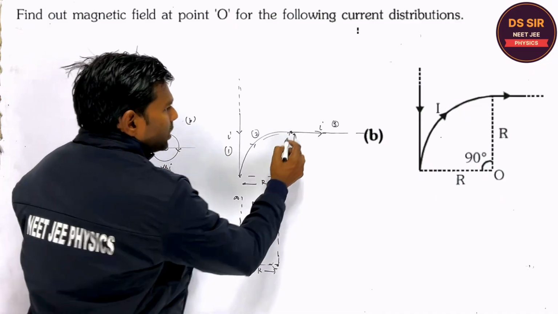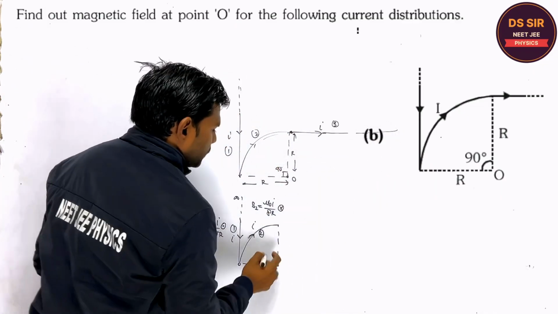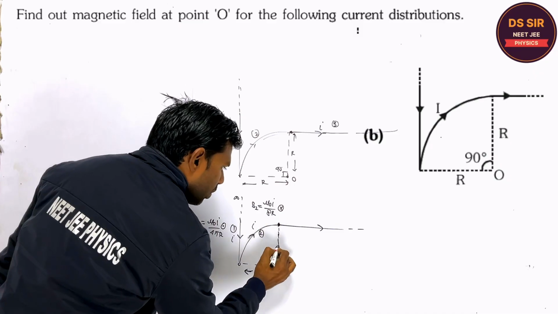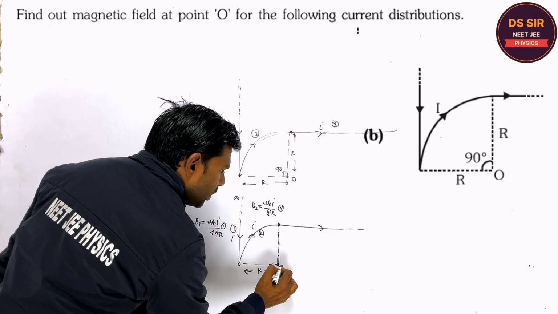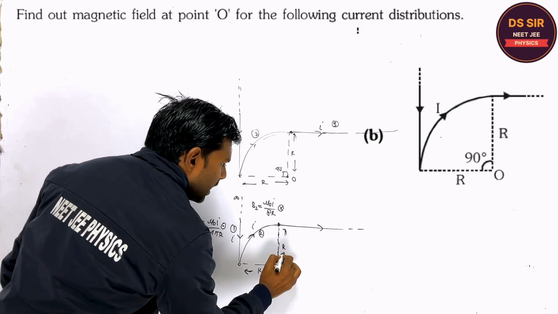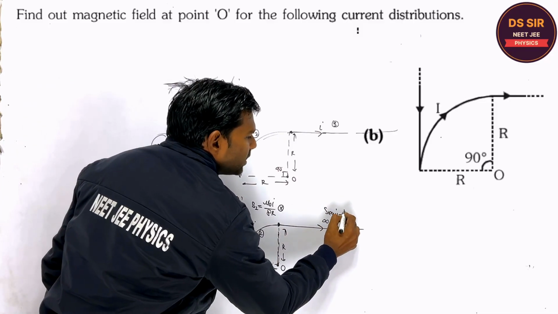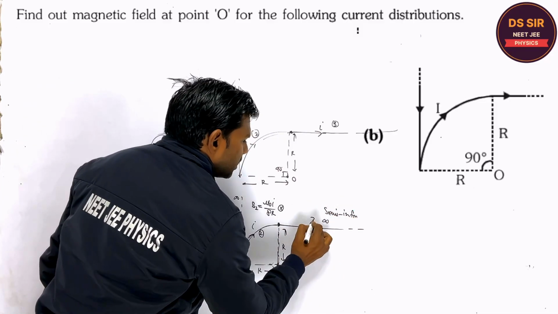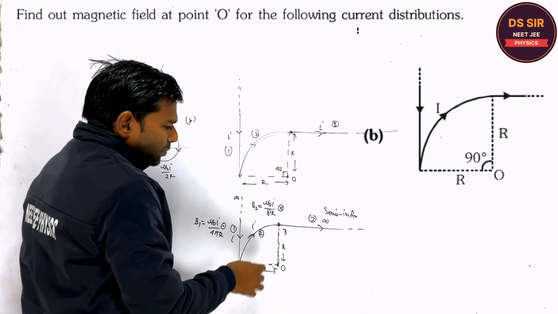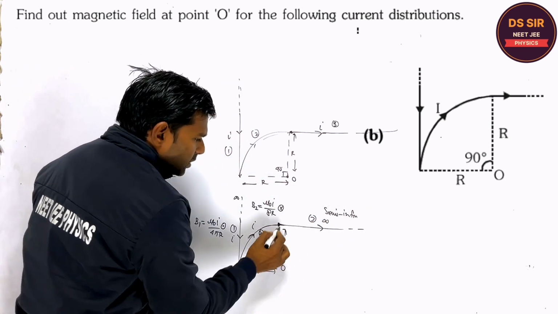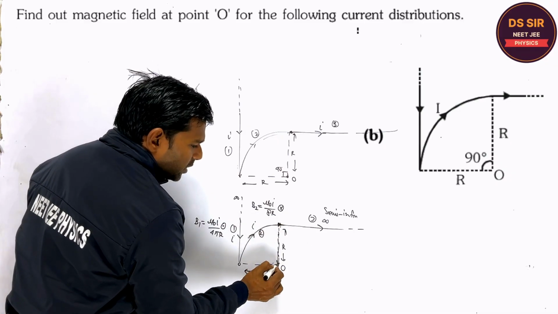Now the third part is left. So this is the third part, right? This is also at point O at distance R, and this is what? A semi-infinite wire. Can you tell me, due to this semi-infinite wire, what is the magnetic field at this point?